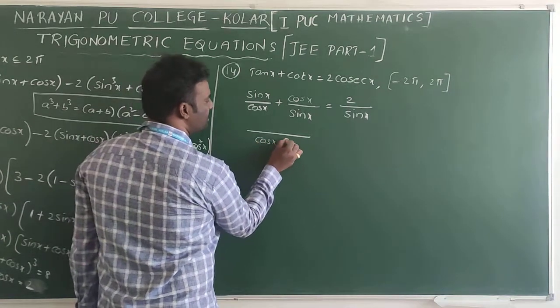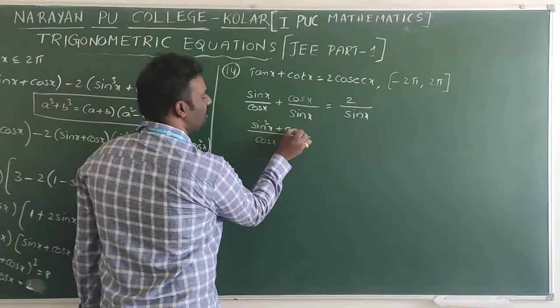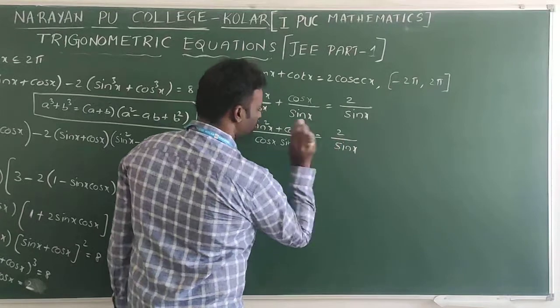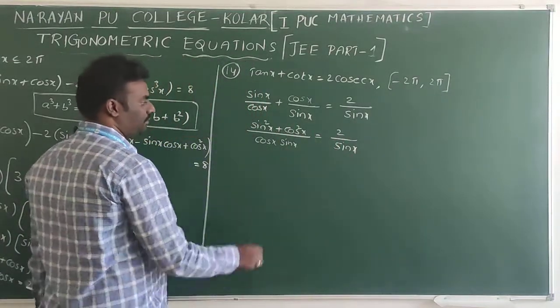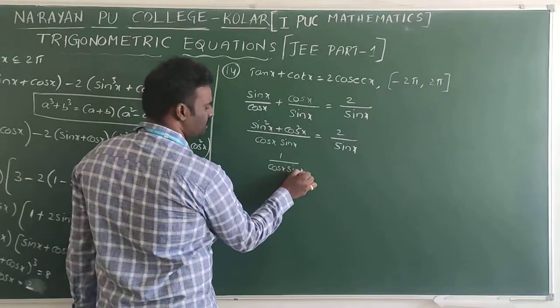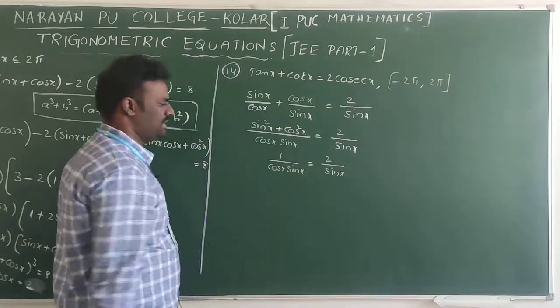You will take LCM: cos x sin x is the LCM. Sin into sin, sin square. Cos into cos, cos square. That equals 2 by sin x. Now 1 by (cos x sin x) is equal to 2 by sin x.